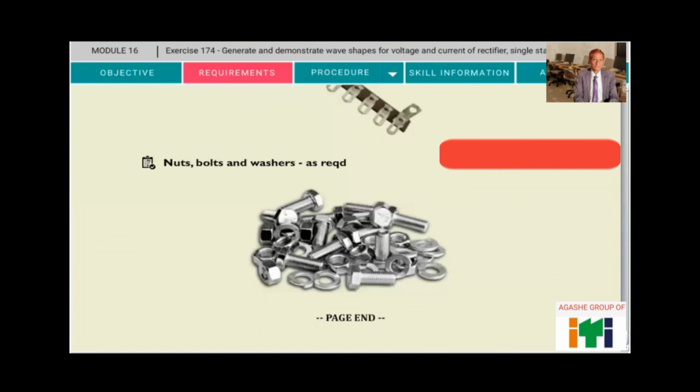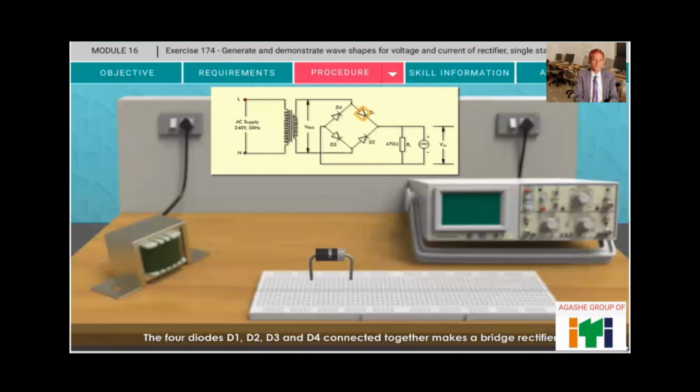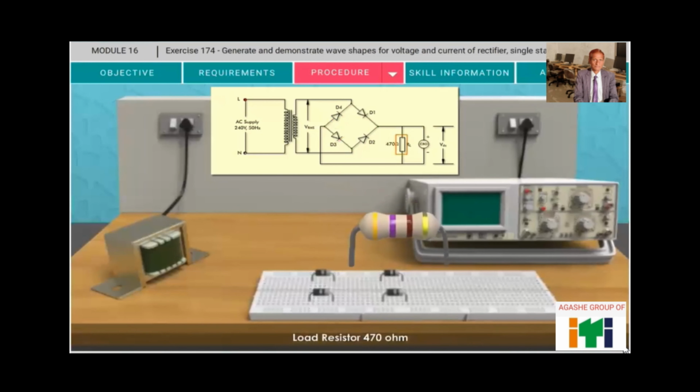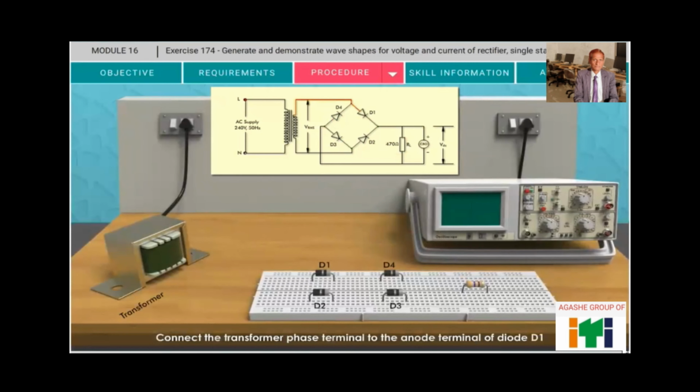Construct the bridge rectifier circuit using the circuit diagram. Diode 1N4007. The four diodes D1, D2, D3 and D4 connected together make a bridge rectifier. Load resistor 470 ohm. Connect the transformer phase terminal to the anode terminal of diode D1.